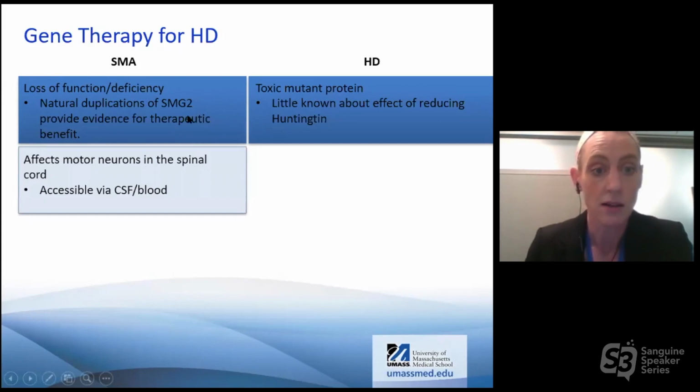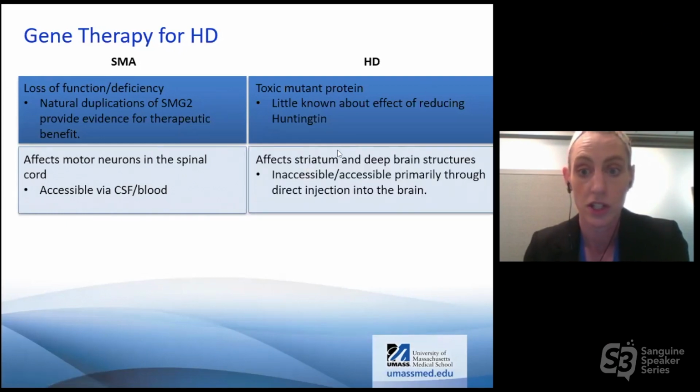So SMA affects motor neurons in the spinal cord, and this is accessible via the CSF in the blood, whereas HD affects the striatum and deep brain structures, and they're inaccessible, or they're accessible primarily through direct injection into the brain.